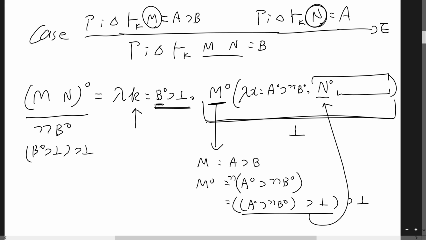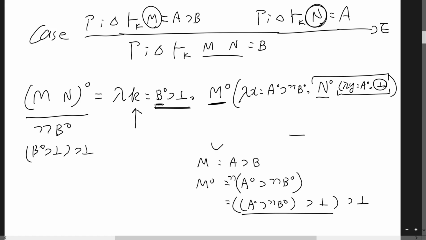And N has a type A, so it's going to have lambda y A circle, and then this is going to have a type bottom. So the story so far goes like, I first compute M, and the result is stored in x. And this is the rest of the computation. And in the rest of the computation, I compute N, and then the result is stored in y. Now, whatever comes here is going to describe the rest of the computation. So what is the rest of the computation?